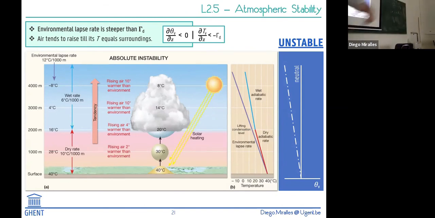So the parcel that moves up through 1 Kelvin per 100 meters will find itself actually being warmer than the surroundings and being pulled up. And then it generates clouds, and then it generates rainfall, mixing, and then the air goes down, picks up new air from the bottom, and you have essentially the figure that you saw the other day. The video that you saw the other day, that's a classical mixing of the atmospheric boundary layer when you have instability.